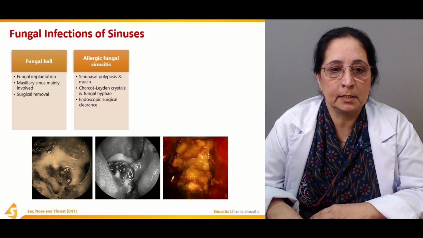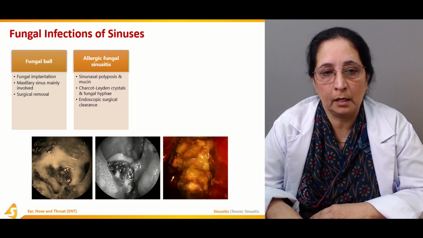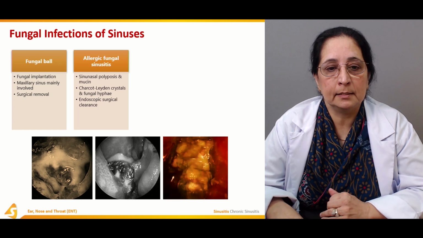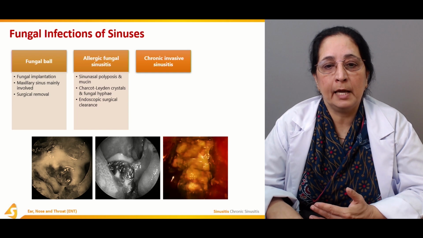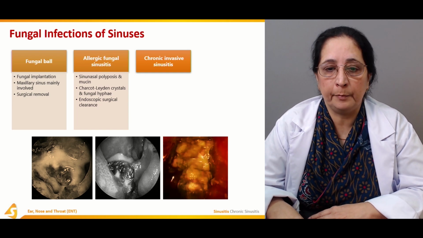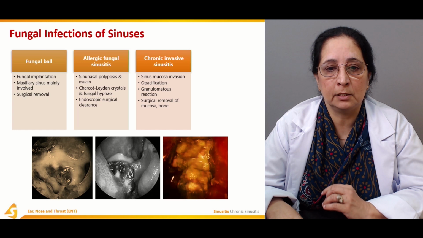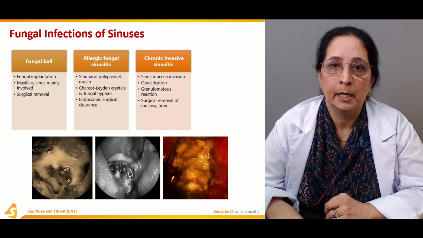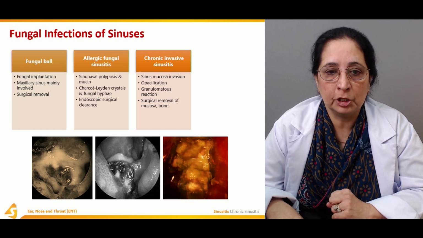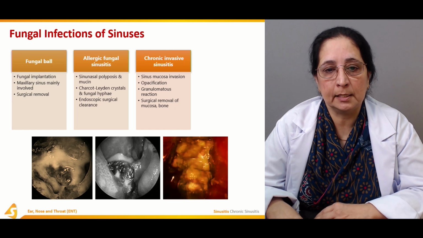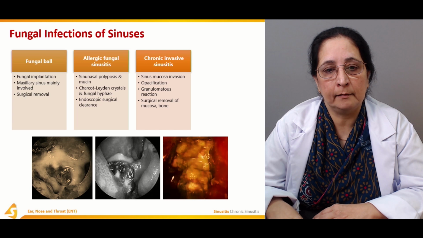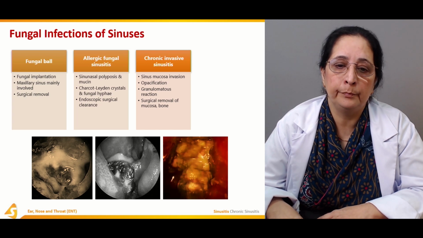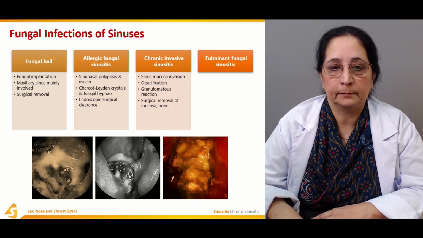Charcot-Leyden crystals and fungal hyphae are present, and there should be endoscopic surgical clearance. Then we have chronic invasive sinusitis, which is caused by sinus mucosa invasion. Opacification is present, a granulomatous reaction forms, and there is surgical removal of mucosa and bone.